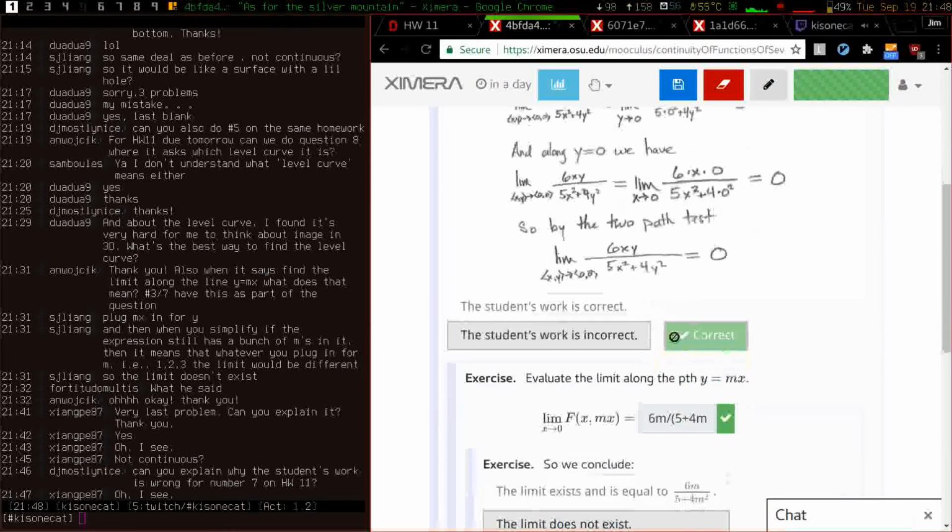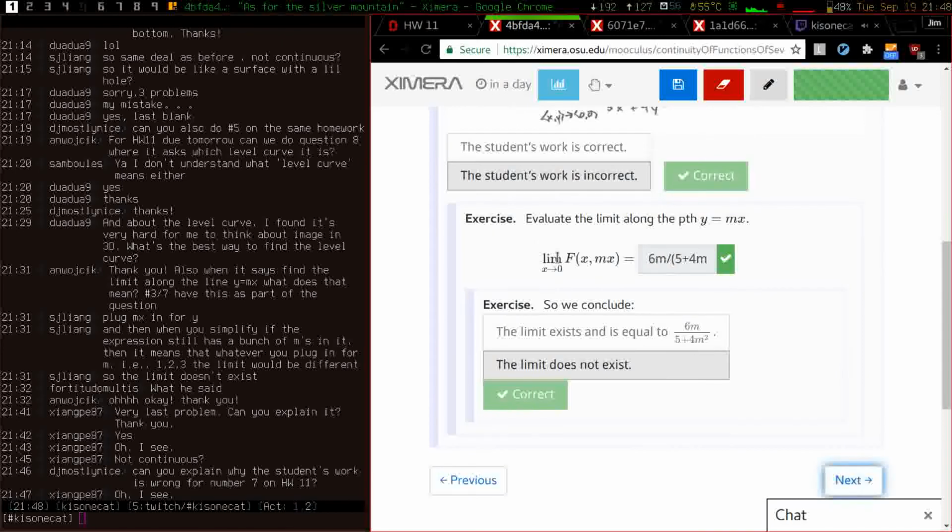And in fact, in the second part of this problem, you're asked to explore this same function but along other paths that aren't just the path x equals 0 or along the line y equals 0. And when you explore the situation along other paths, you discover to your horror that this function's value depends in a very sensitive way on exactly which line you're moving towards the origin along, and consequently the limit doesn't exist.